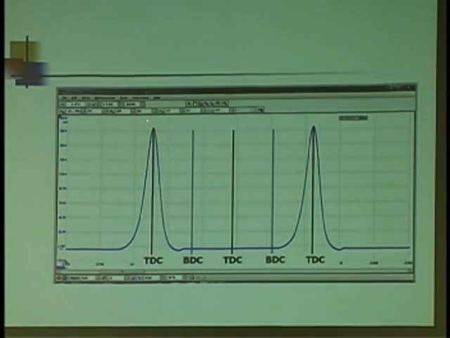So I write that number down. Then I move the cursor over to the one on the far right, and I write that number down. I subtract the two and get a total pixel distance between the two. You want to find out what the 180 degree marks are, so just divide that by 4 and add that to where you started off, and you start marking off your lines. You want to be a little finer than that, divide it by 8, 16, whatever you want. Okay?